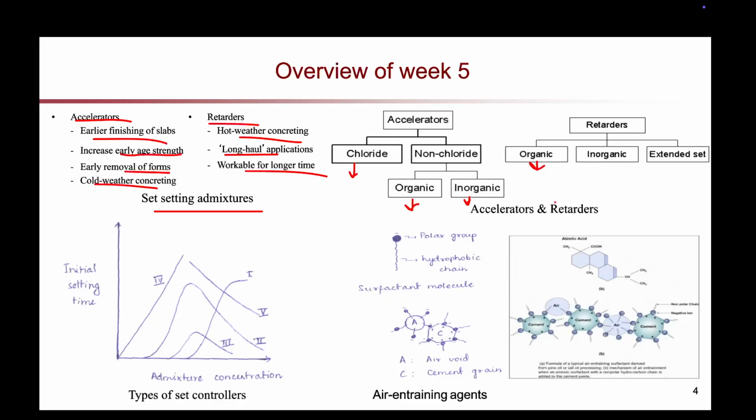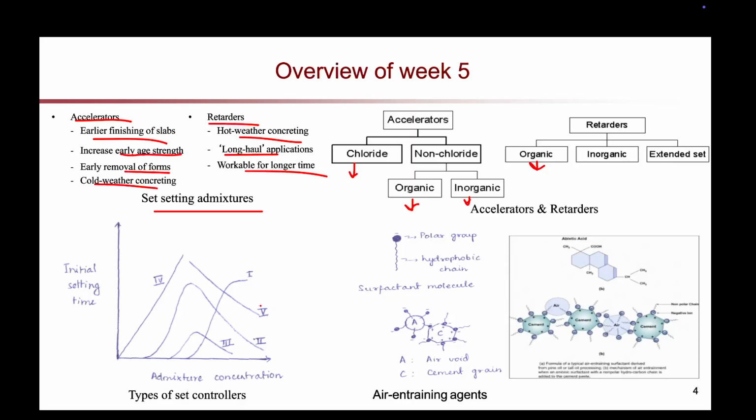It is because of citric acid that we can use it as an organic retarder. Inorganic retarders include borates, phosphates, those kinds of things. And the last is extended set retarders. These are like phosphorus. They are used mainly for plastic concrete, or when we have to carry the concrete for a longer time, that time we use extended set retarders.